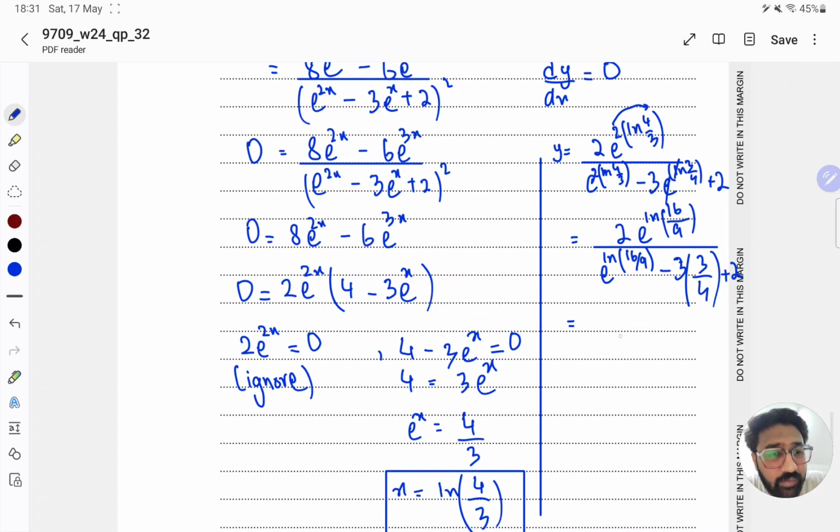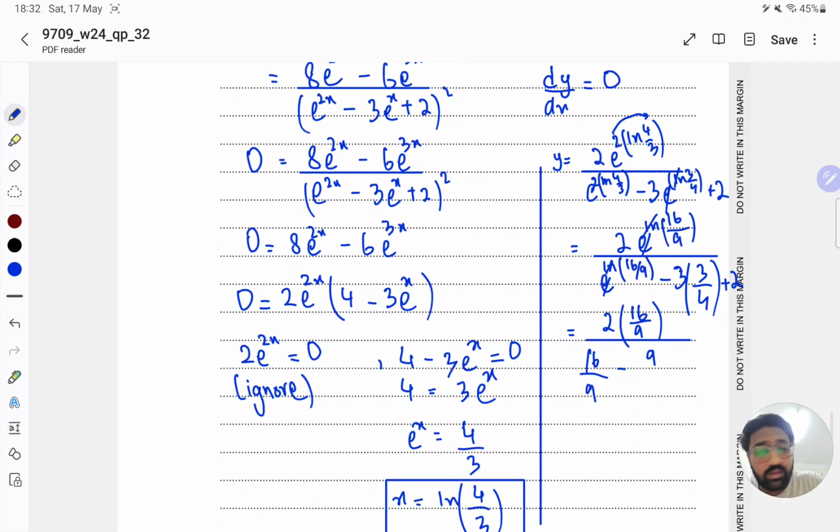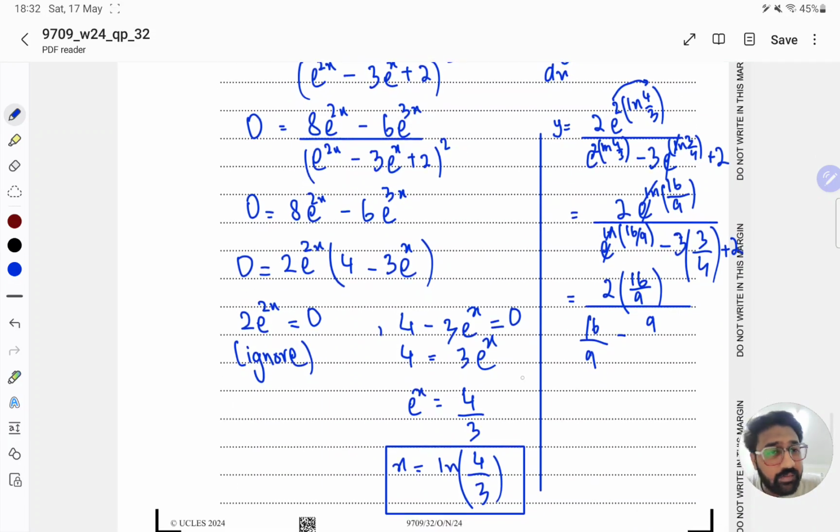So further, the e and ln will cancel out, so in the numerator we'll have 2 times 16 by 9 divided by 16 by 9 minus... this is 3 by 4, sorry, it's 4 by 3.